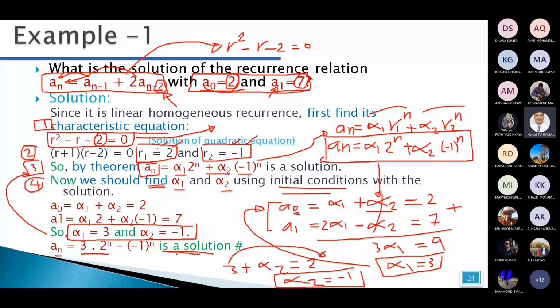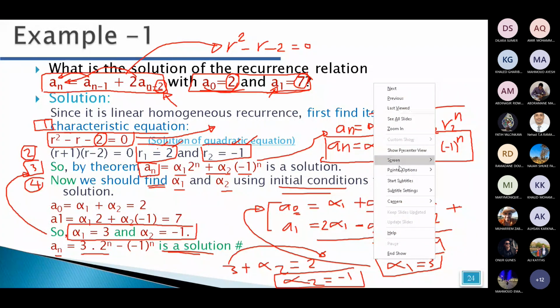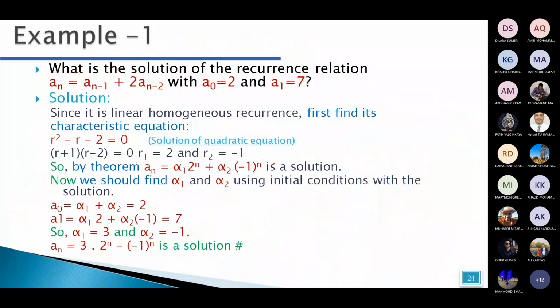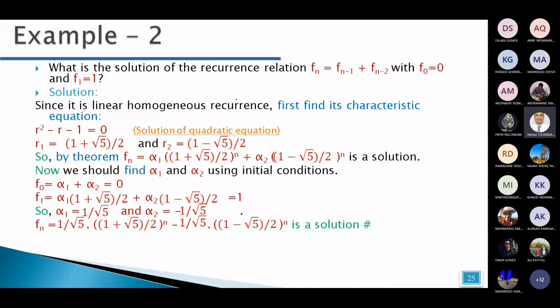This is the solution for this linear recurrence relation. So this is the way to find the solution. Let's take another example.